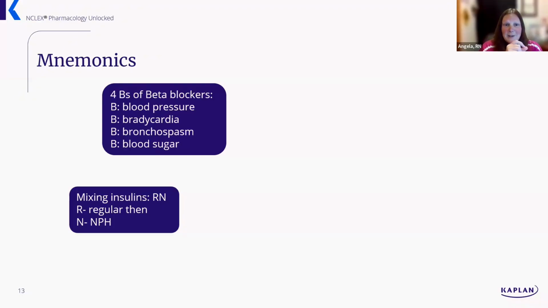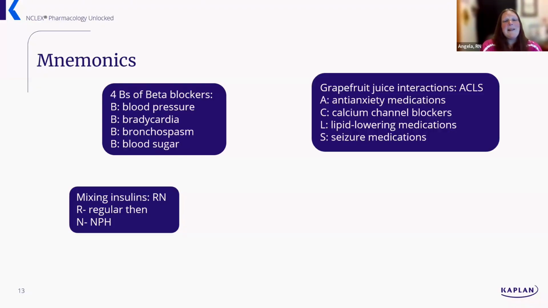Great nursing knowledge, Jonathan. Great for that. Okay, let's talk about grapefruit juice, shall we? Did you know that grapefruit juice interacts with over 60 different medications? So I want you to use this mnemonic to simply remember the four most common classes or subclasses of those interactions.